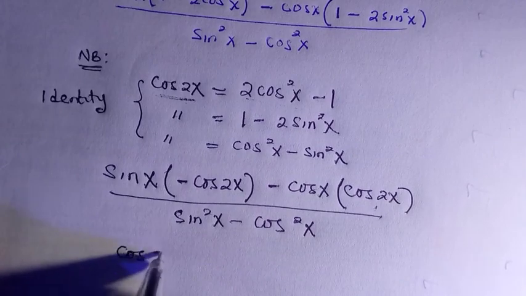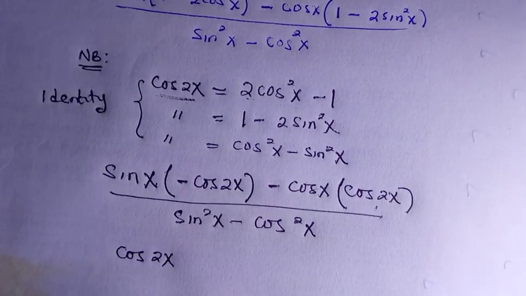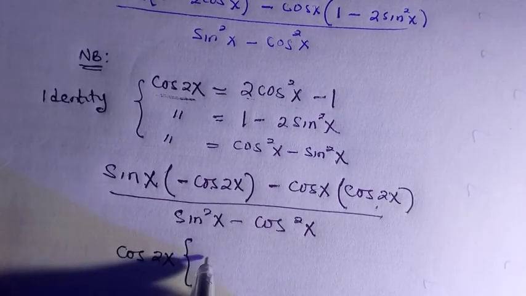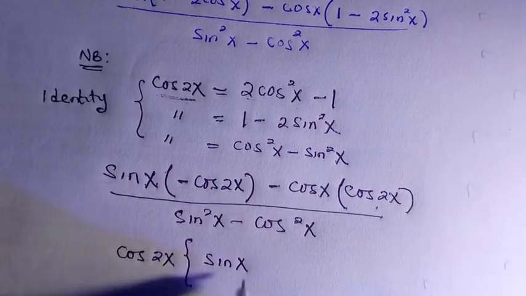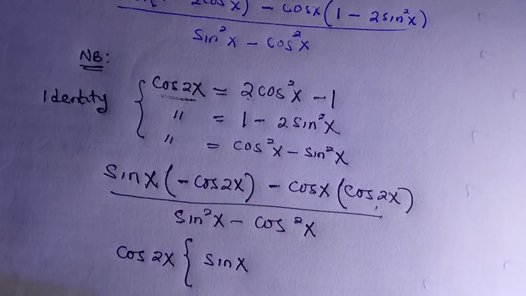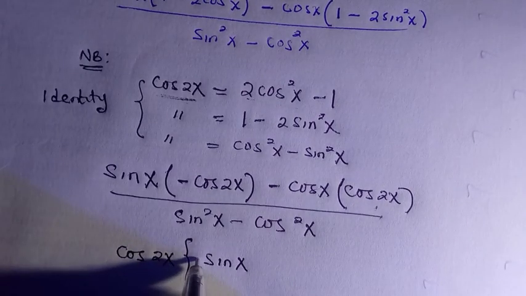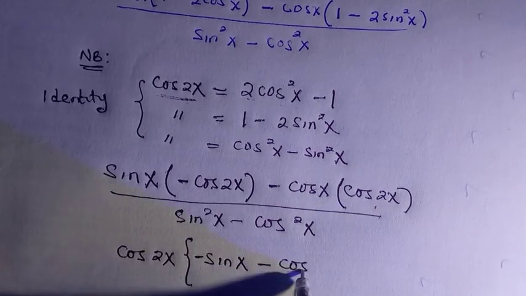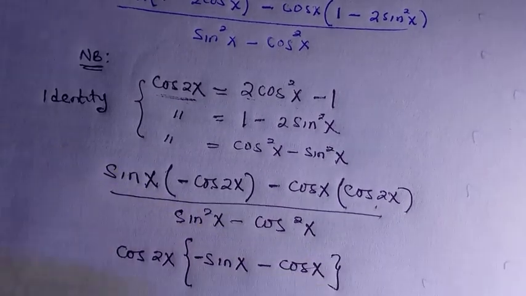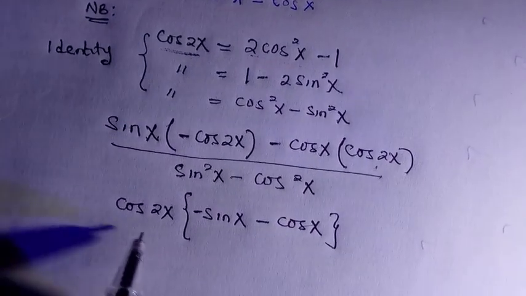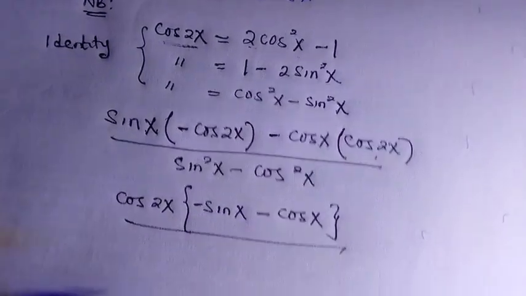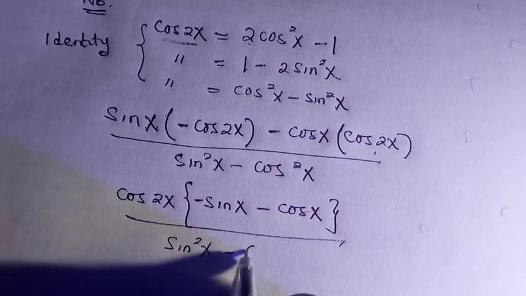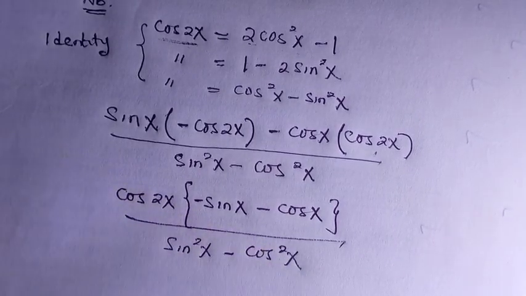If I take out this cos 2x, I will leave negative in the bracket, so it's going to remain negative sine x, and for the second one, it's going to remain negative cos x, and everything divided by sine square x minus cos square x.